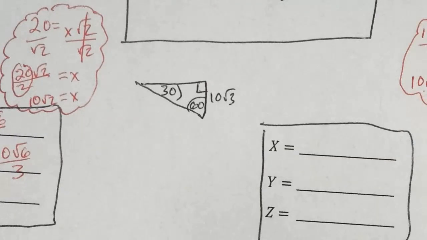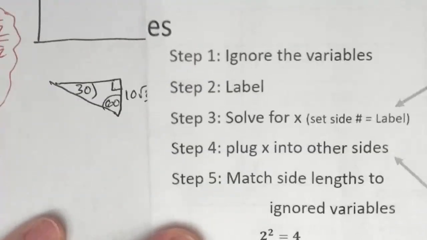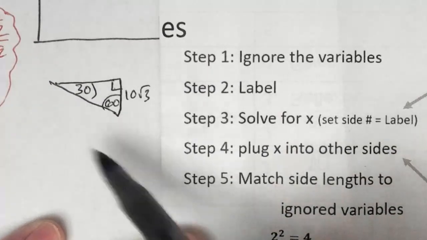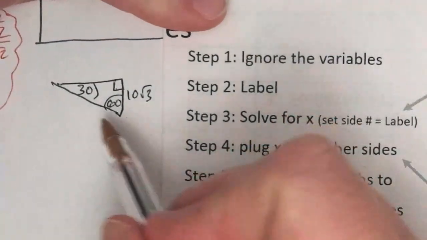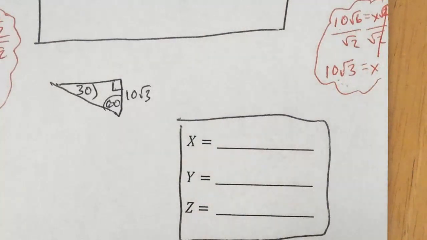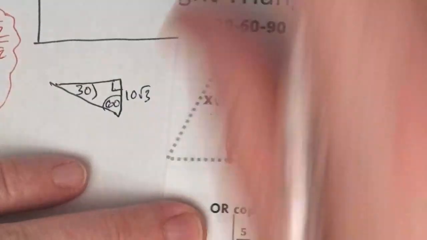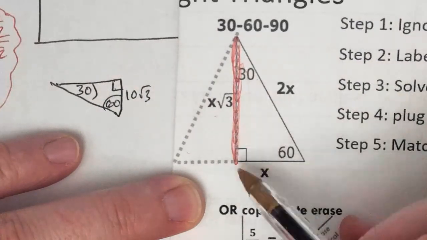Okay, now let's follow our steps. Step 1. Ignore your variables. We did that by not even writing them down. Step 2, label. This is a 30, 60, 90. So for a 30, 60, 90, we need to find the fold first.